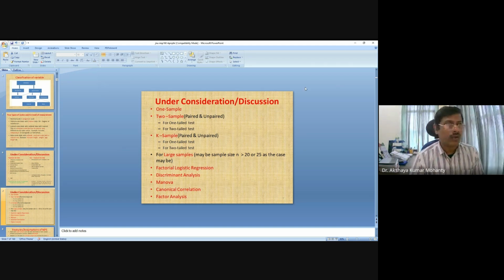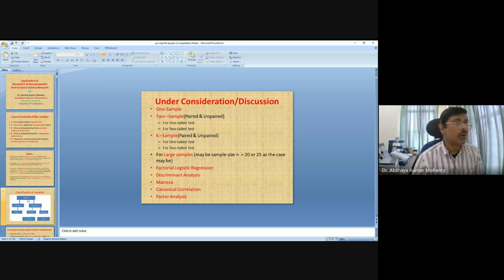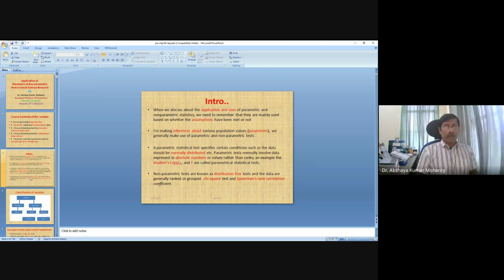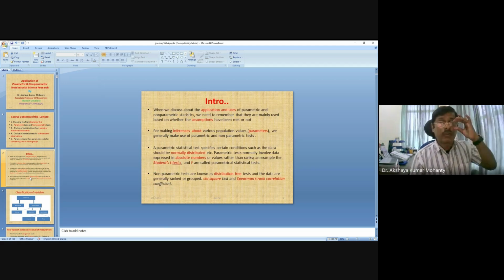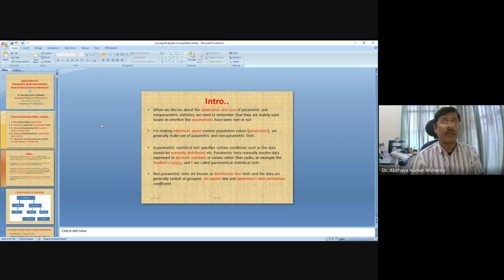Now we have to go from the introduction part first of all. When we discuss the application and uses of parametric and non-parametric statistics, we need to remember that they are mainly based on whether assumptions have been made or not. This is a very important thing.